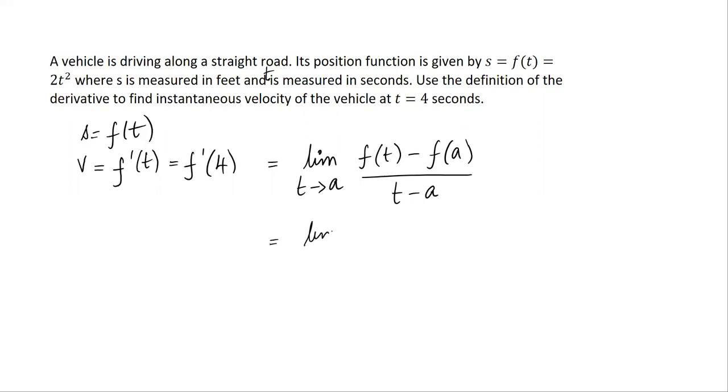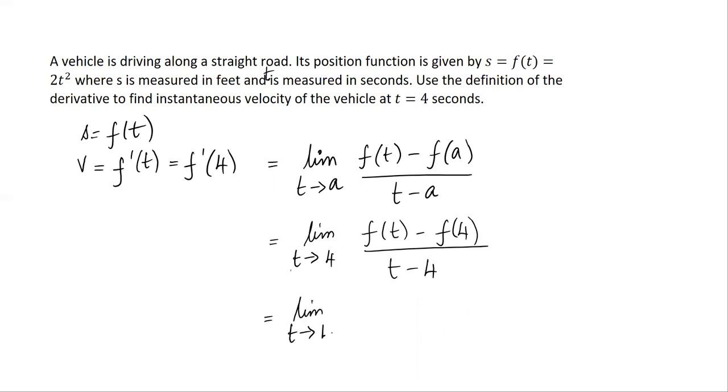So limit t approaches 4, f of t minus f of 4. Remember, a is 4. Don't plug in for t. Plug in for a. That is t minus 4. All right, because this is, again, a simple function, I will do the substitution right here. I don't have to do it by the side. So this will be 2t squared, the very function itself, minus 2 times 4 squared, because now t is 4.